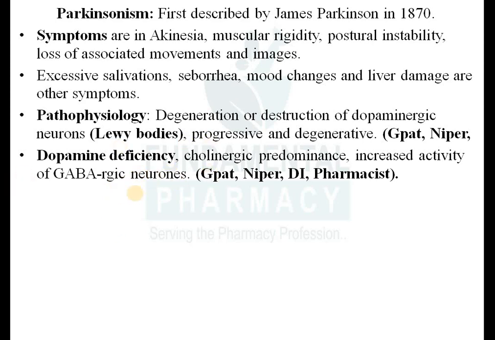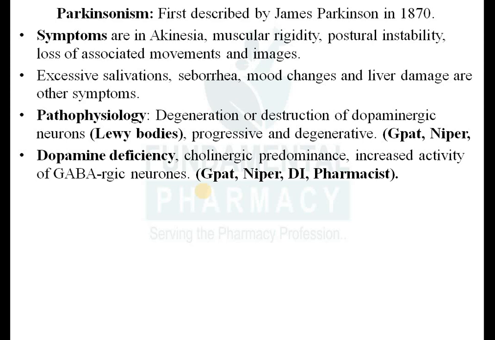Again, cholinergic predominance. Cholinergic means acetylcholine, and dopamine and acetylcholine work in a coordinated manner. अगर dopamine कम हो गया, acetylcholine बढ़ गया, तो acetylcholine का इफेक्ट ज्यादा मिलेगा, मतलब cholinergic predominance हो जाएगा. अगर dopamine ज्यादा हो गया, acetylcholine कम हो गया, तो आपको psychosis हो जाएगा. So they act in a coordinated manner in the brain.